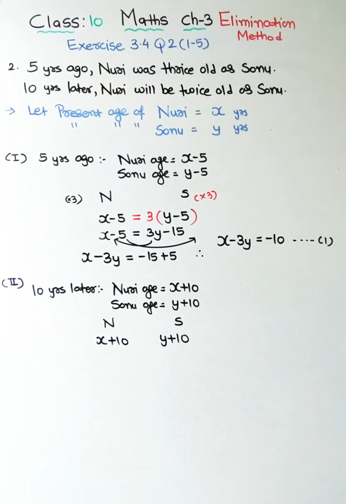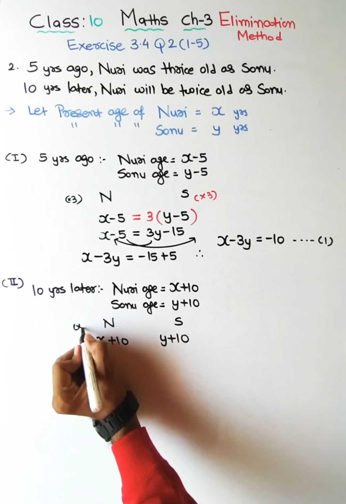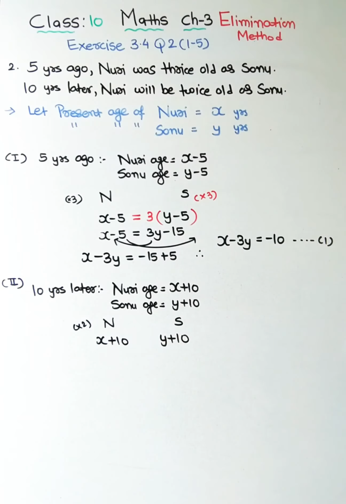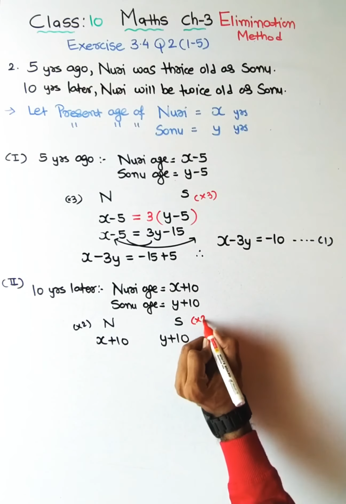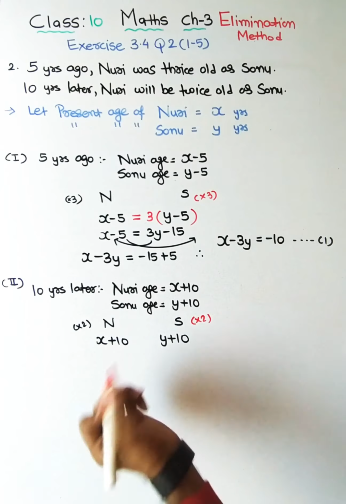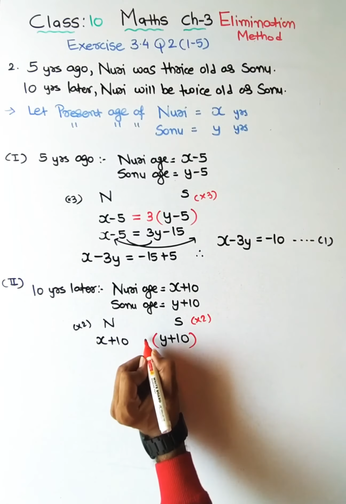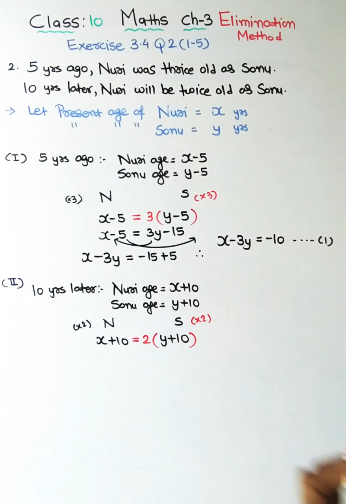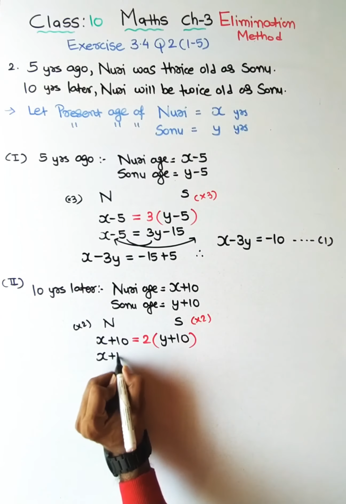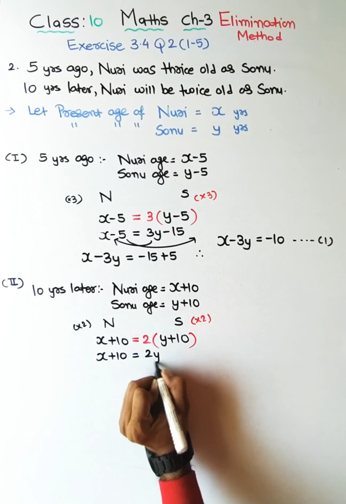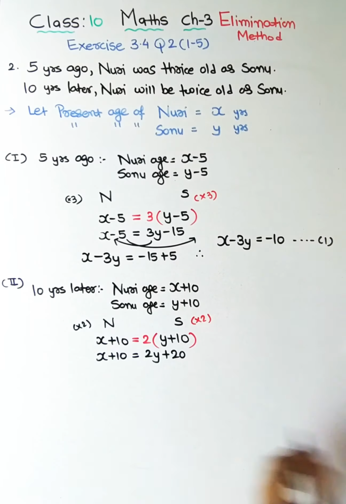Noori is twice as old as Sonu. Here, Noori is already twice. So we will multiply Sonu's age by 2 to make it equal. So here Sonu's age, 2, I have written and then the equal to sign. So then we have x plus 10 equals 2y plus 20.